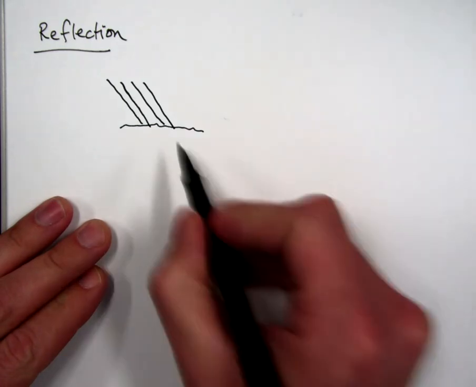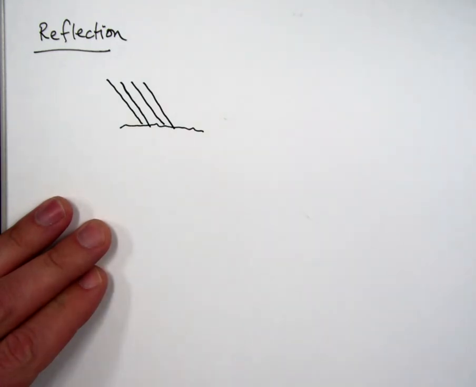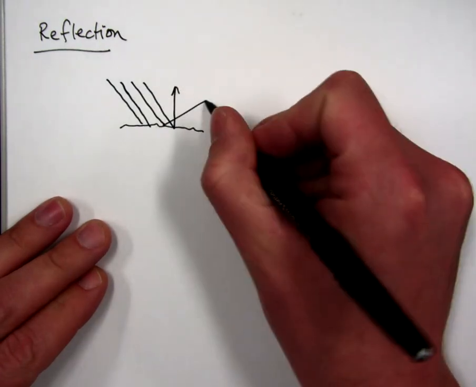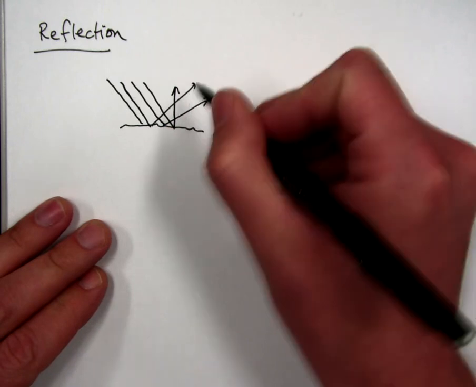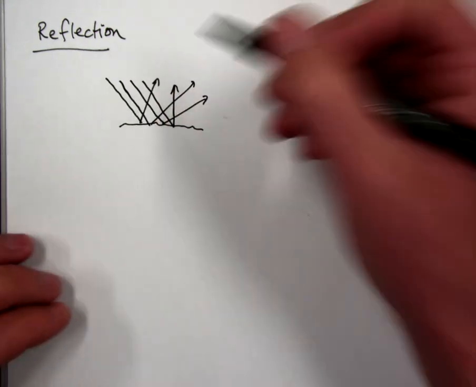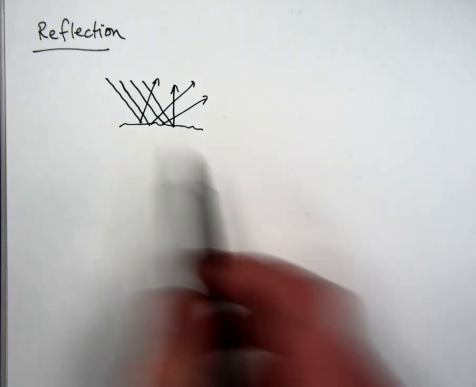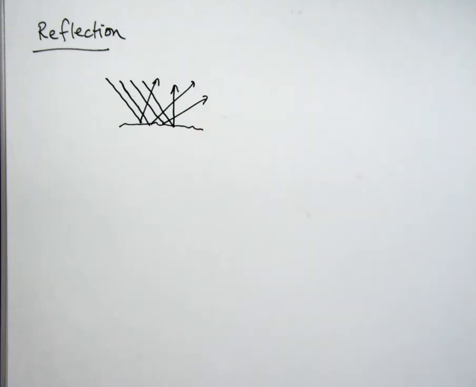Each one of these rays of light might strike some slightly different speck of material. So one of them might reflect off this way, another this way, and so on. And what we would get is an irregular reflection, and as such you would not see an image in a rough surface like that.